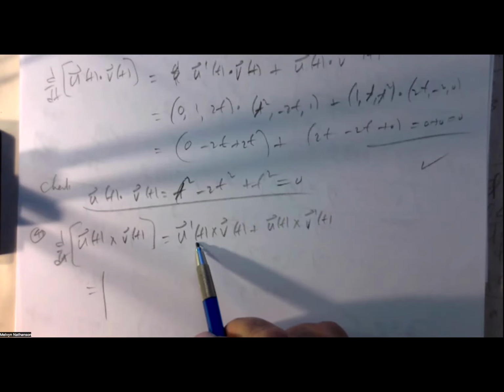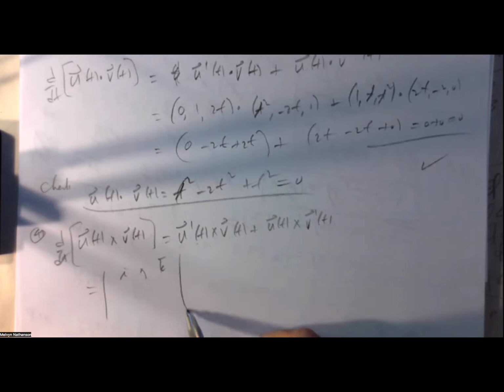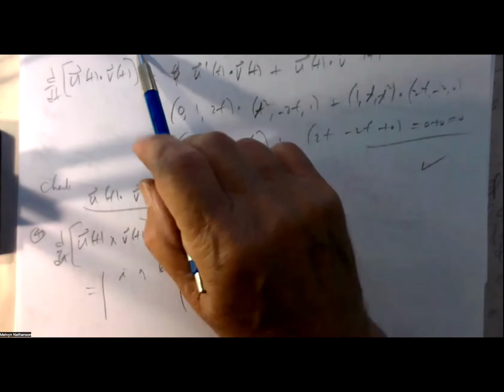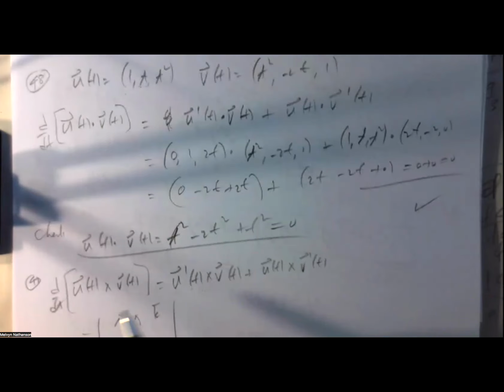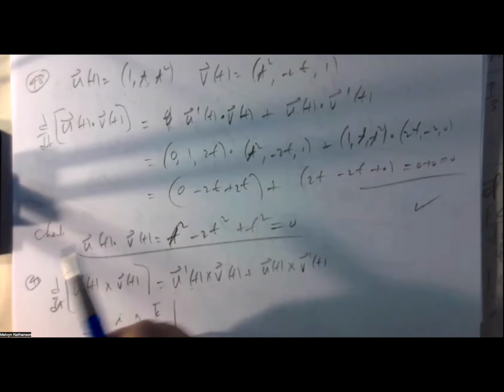So to compute u prime of t cross v of t, I have i, j, k. Remember u was 1, t, t squared, so u prime is 0, 1, 2t, and v is t squared, minus 2t, 1.